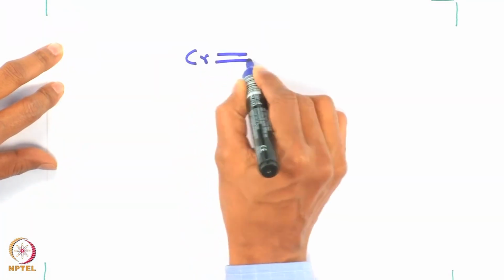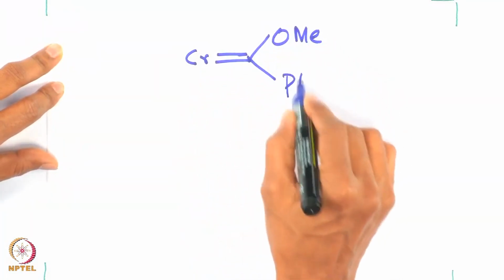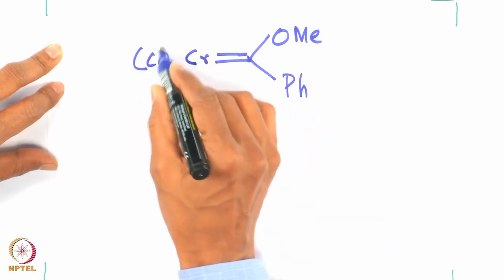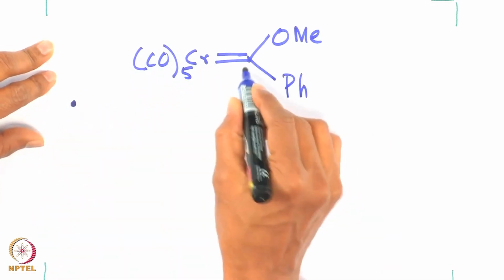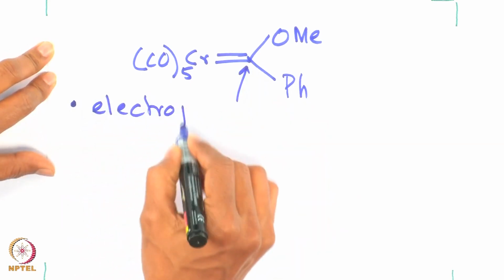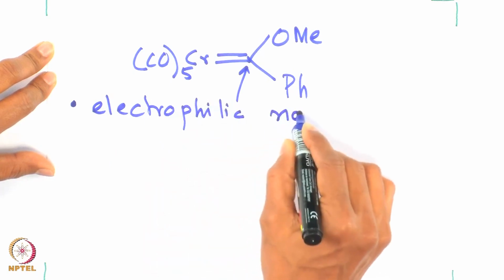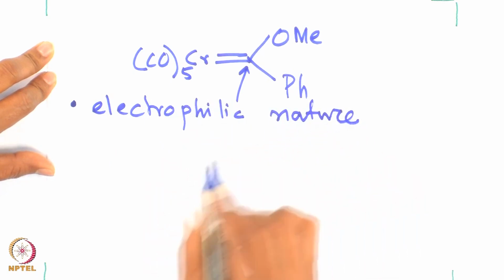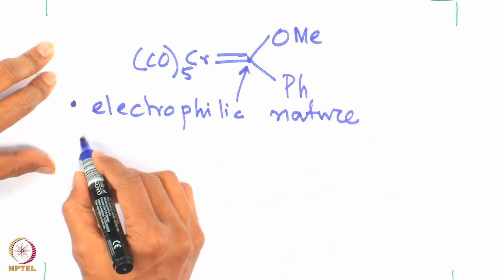You have the chromium complex with pentacarbonyl associated with it, and the carbon center over here is electrophilic in nature. In a moment we will see the Schrock carbene is nucleophilic in nature.